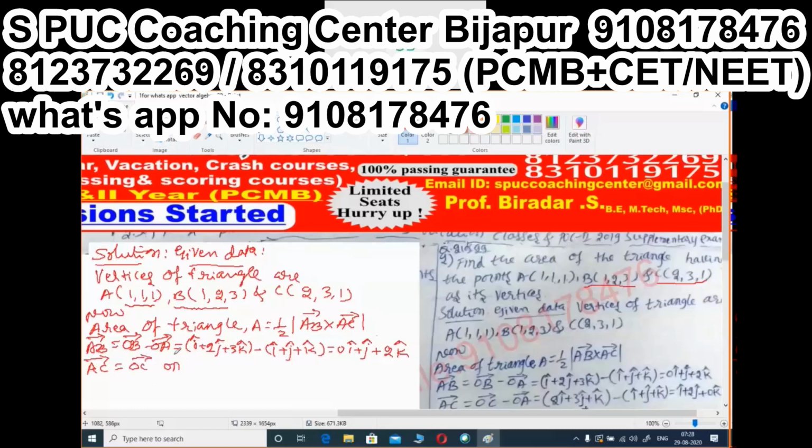OC vector is 2 I cap plus 3 j cap plus k cap, minus I cap plus j cap plus k cap. You do the simplification and tell it first.